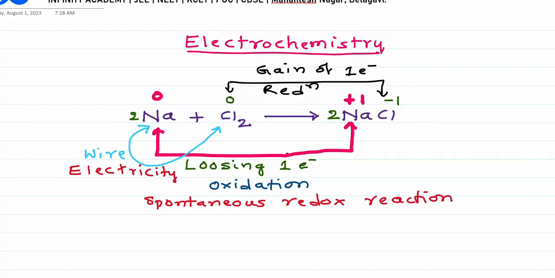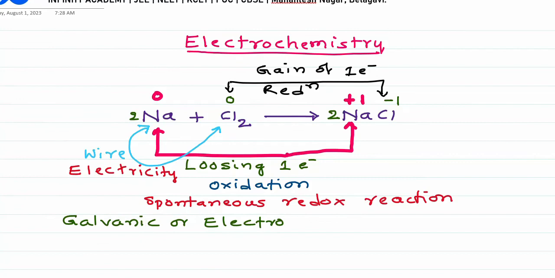through the wire. But since it is a simple example, I have taken this example to understand one important term called galvanic cell, or this galvanic cell is also called electrochemical cell.